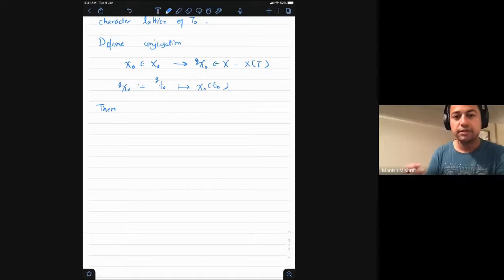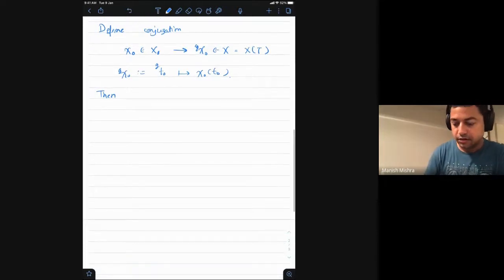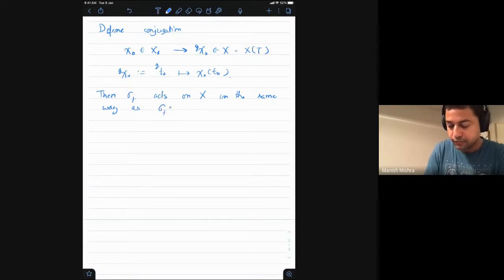Then there is a lemma in Carter's book which says that sigma F, this Frobenius, acts on X in the same way as sigma F0 omega inverse acts on X0.